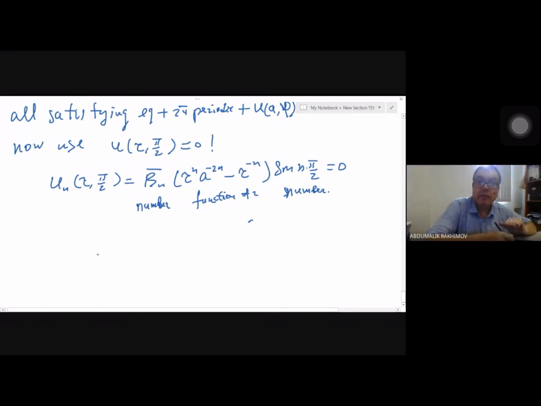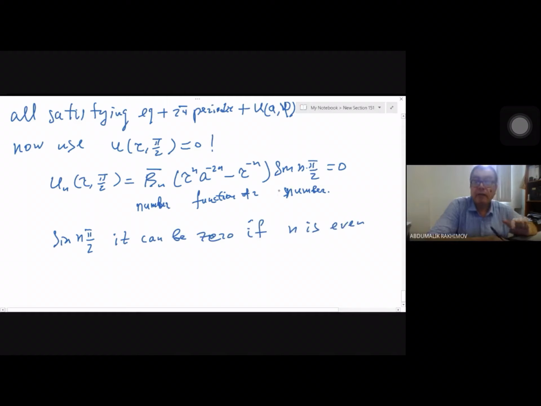So what can we say about the second number, sine n pi over 2? Can it be 0? It can be 0, if n is even.